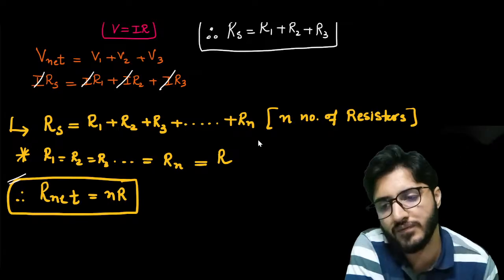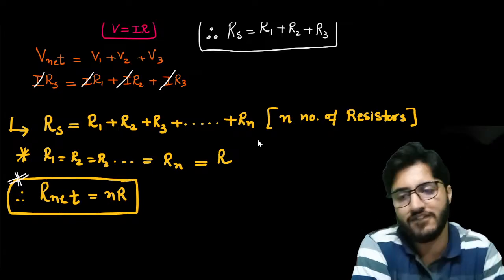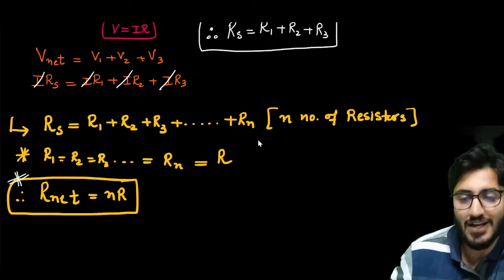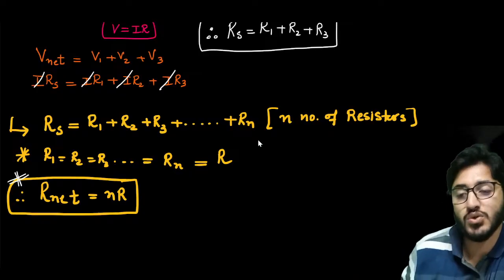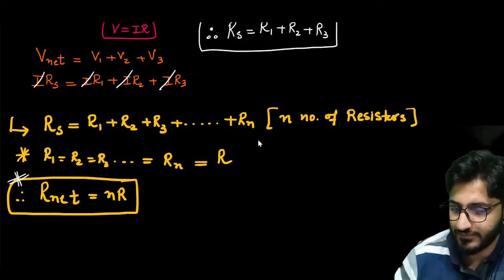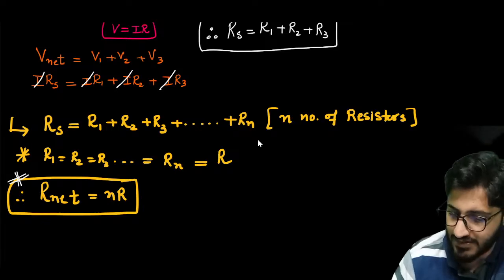If we are having n number of resistors with equal resistances, their net resistance will be n times R.